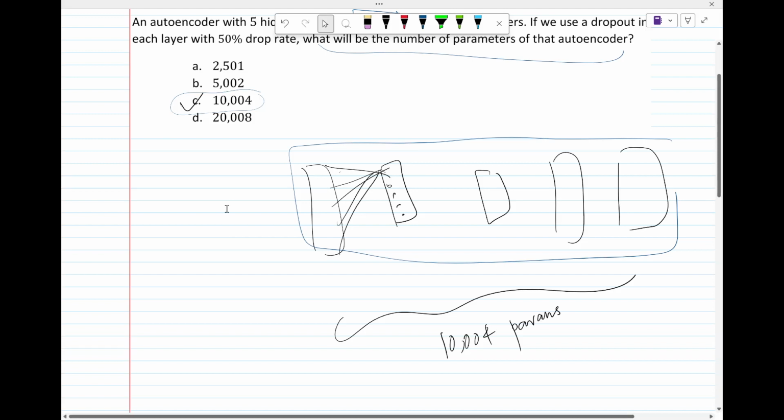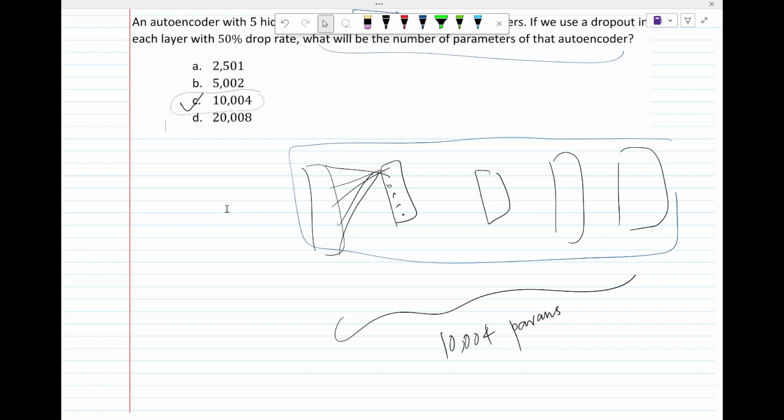Hey, I'm Vinod Swati, and I have a doubt on the same question. How do I decide how much percent of dropout to apply to a particular layer? So that is a hyperparameter, which you usually try out with different values and see which one gives the least validation error.